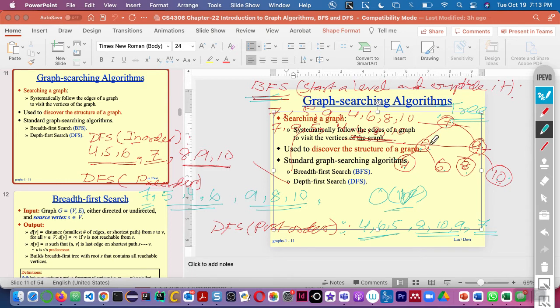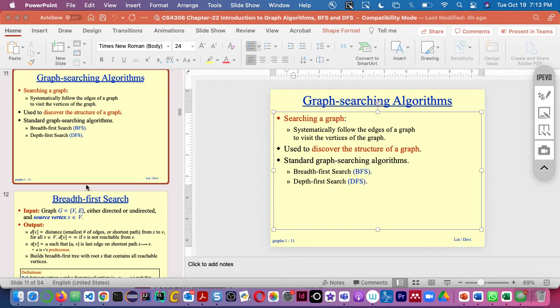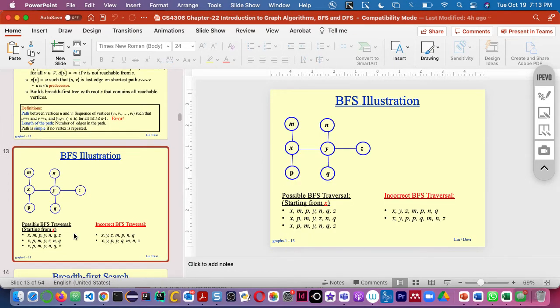Source can be 7, source can be 5, source can be 9. Any node can be source. So in that case, the difficulty is a little bit more, but this is the foundation. If you understand this, hopefully the next slides will be easy.